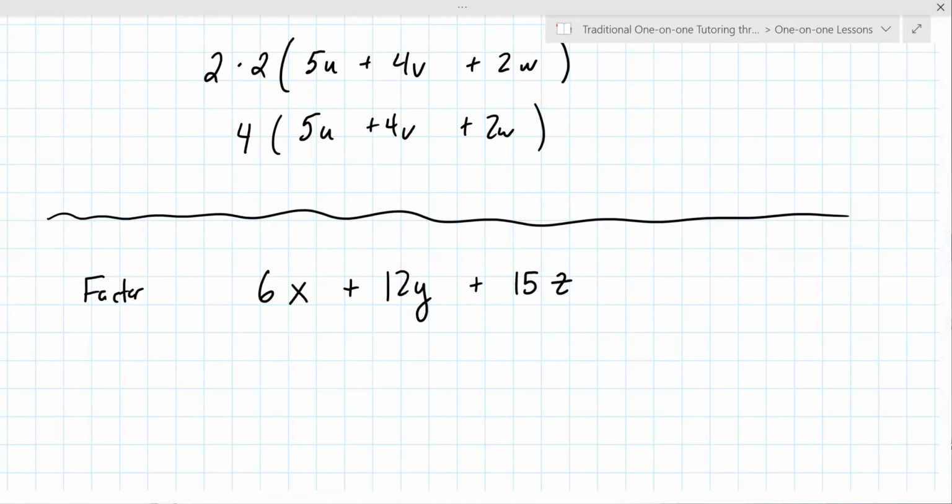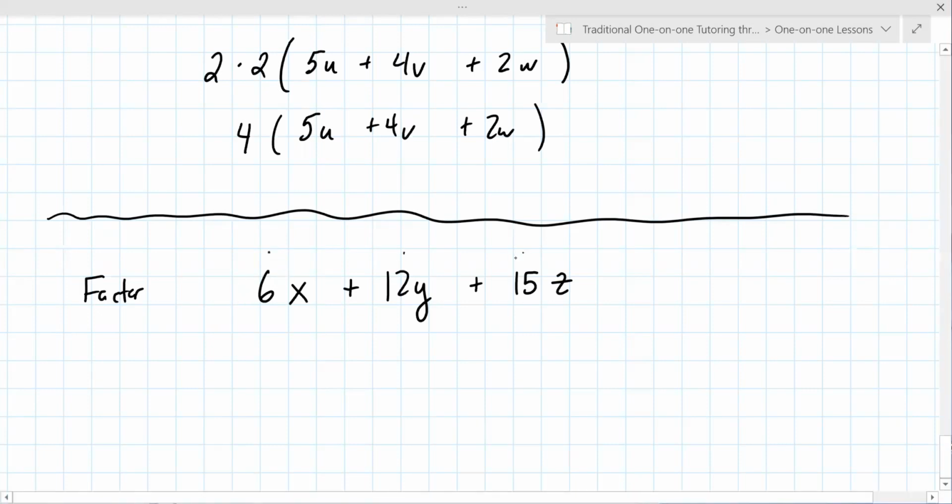Okay. Okay, I got it. All right, so 6 is first. What number goes into all three of these numbers?